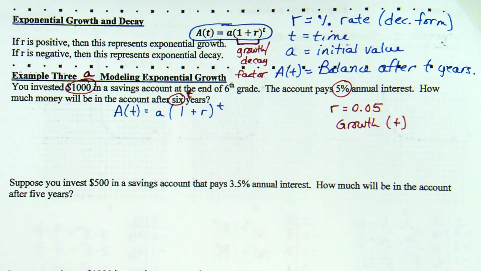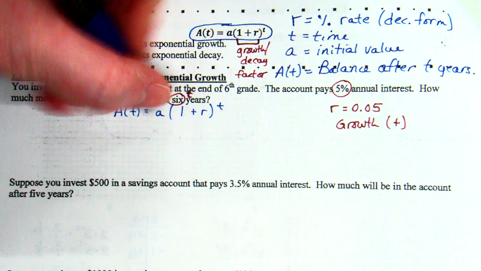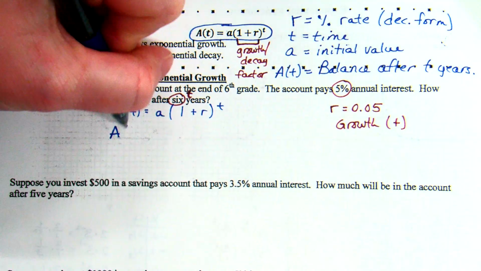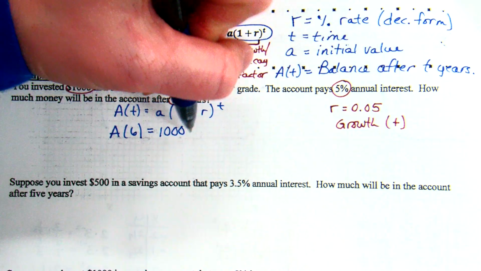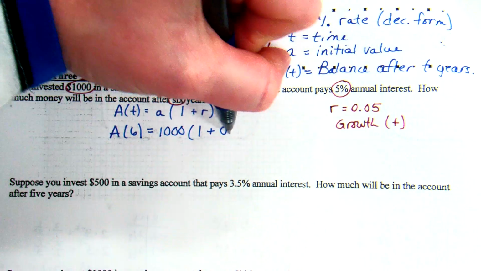Okay, A of t, this is like our function notation. So if we're talking A of t, we're trying to find the amount after how many years? 6. So officially, if you want, we're trying to find A of 6. The amount after 6 years. Little a, our initial amount is 1,000. 1 plus r, so 1 plus .05 raised to the t, raised to the 6.